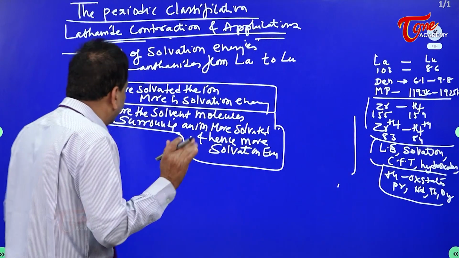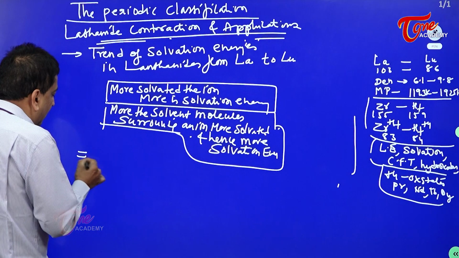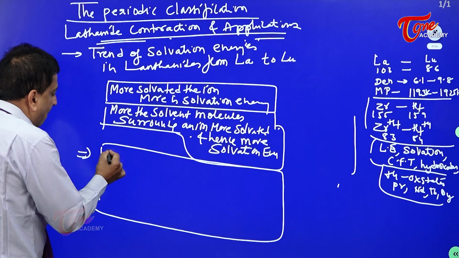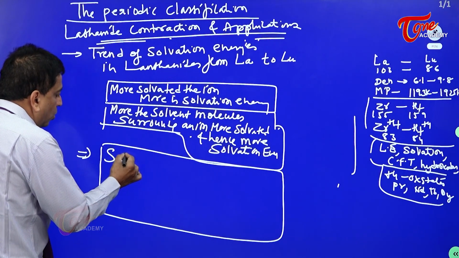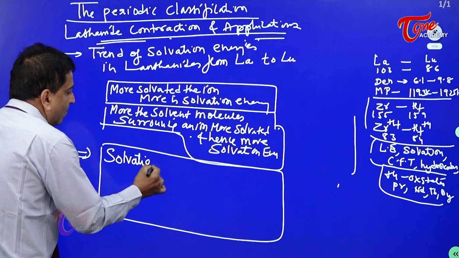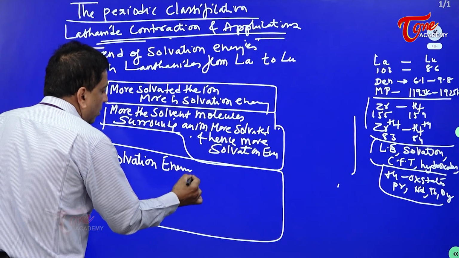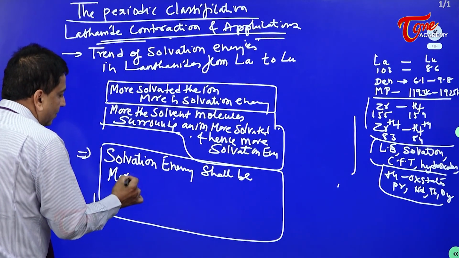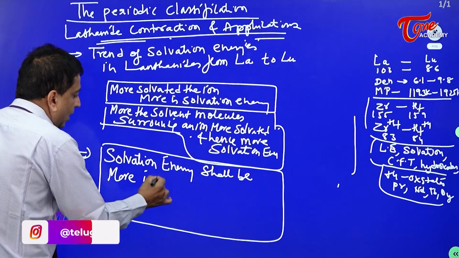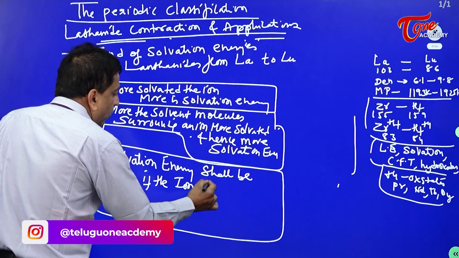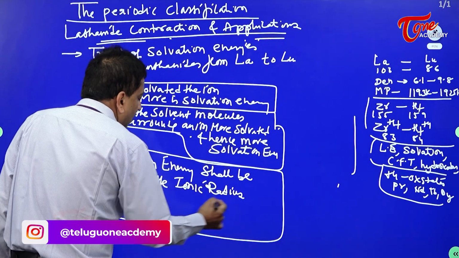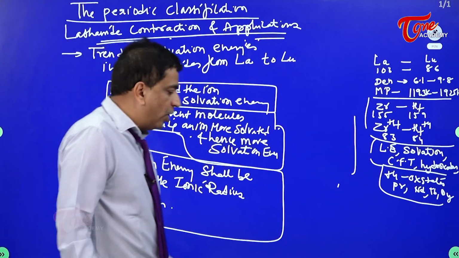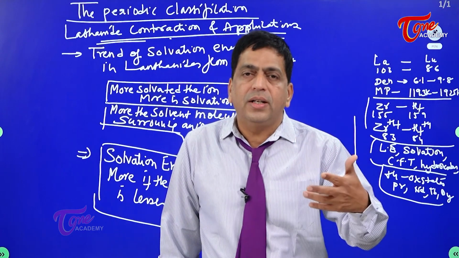Or simply speaking, I can write it like this. It implies solvation energy shall be more if the ionic radius is lesser. You must understand. Solvation energy shall be more if the ionic radius is what? Smaller.